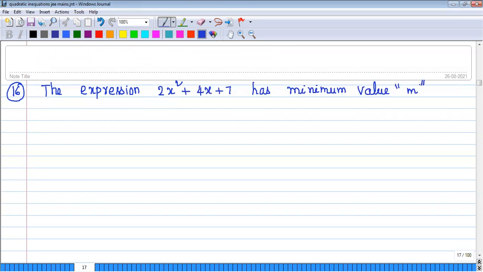That means the minimum value of the expression is m at x is equal to a.